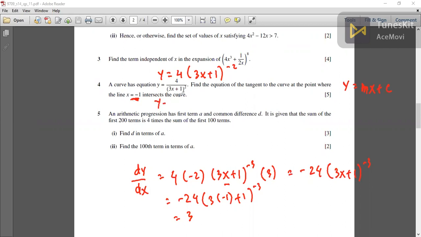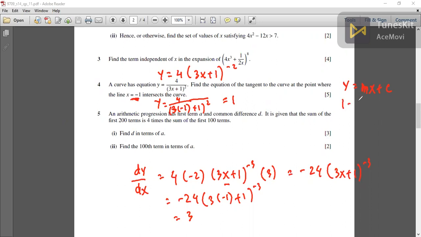So when the x equals minus 1, the y will be 4 over (3 times minus 1 plus 1) squared, which is 4 over (minus 3 plus 1) squared, so we got y equals 1.